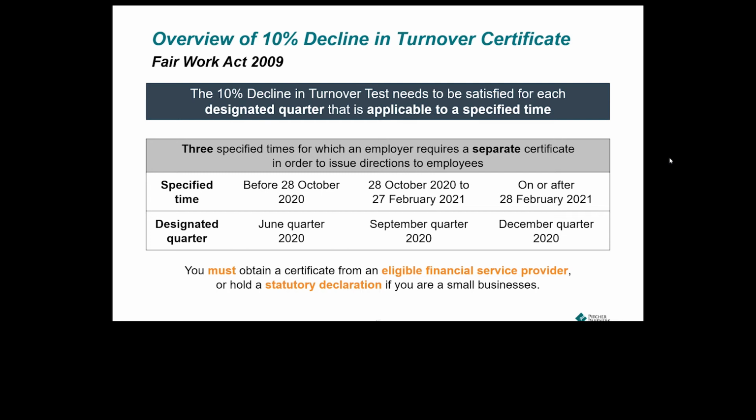So the second specified time period is the period from 28 October to 27 February next year. And in order to continue issuing relevant directions to employees, the employer will need to then retest their turnover in terms of the 10% decline test on the basis of the quarter ended 30 September 2020.